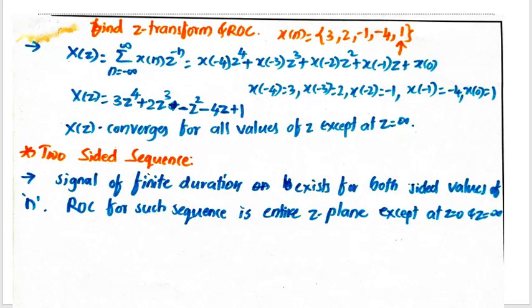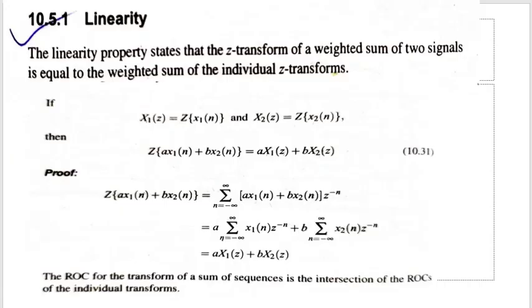Relatively, we started with the properties of the z transform, wherein around 13 properties are there, which I highlighted in the previous lecture. With linearity, the first property of the Z transform, we understood the definition and also saw the proof of all the properties we covered in the previous lecture.